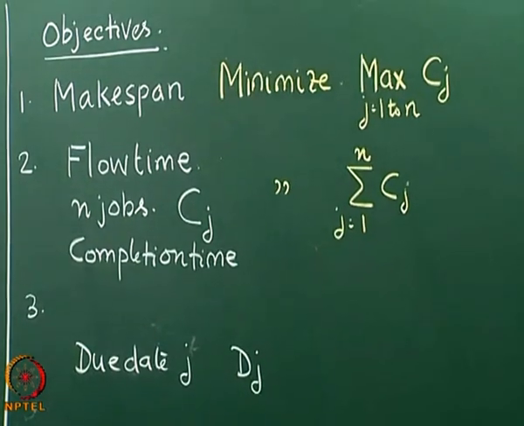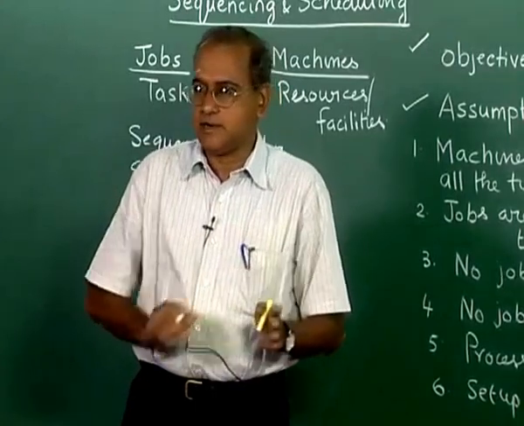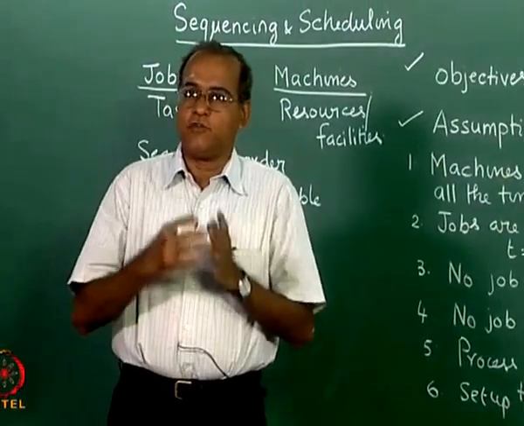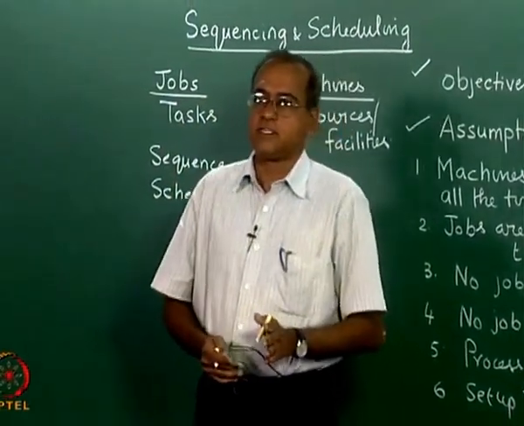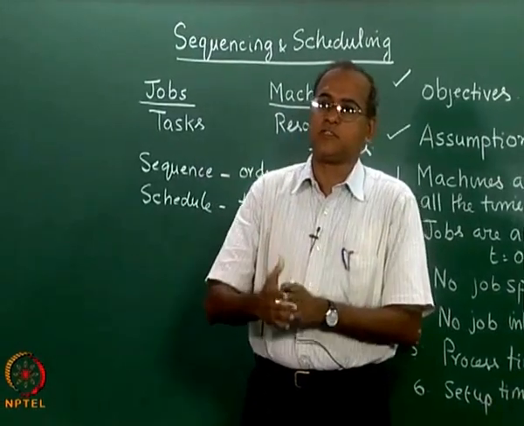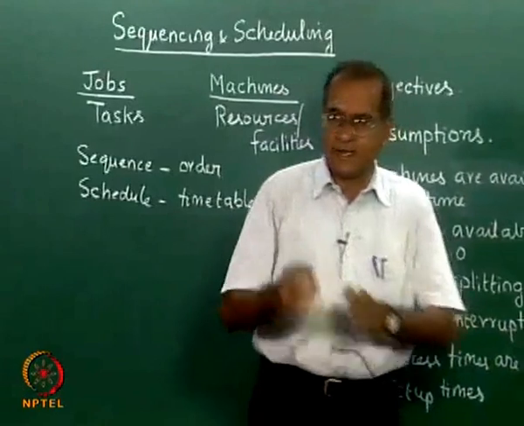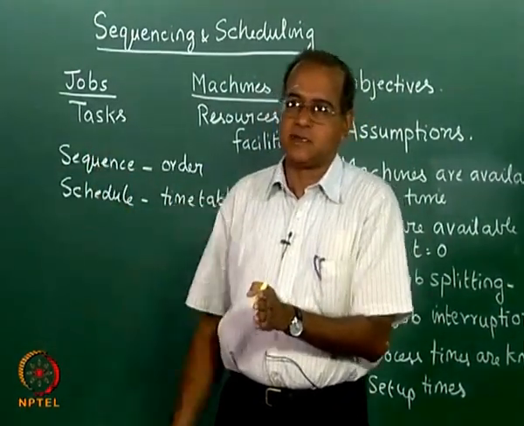Now, this due date can be internally created or externally created. When a particular task is taken up for manufacture and supplied to a customer, there is a due date at which time it is to be delivered to the customer. From manufacturing it might take some more time for the finished goods to move and ultimately reach the customer.